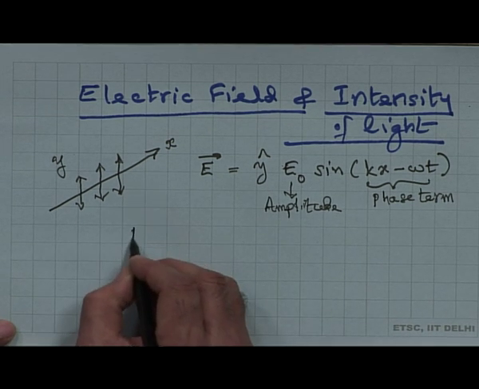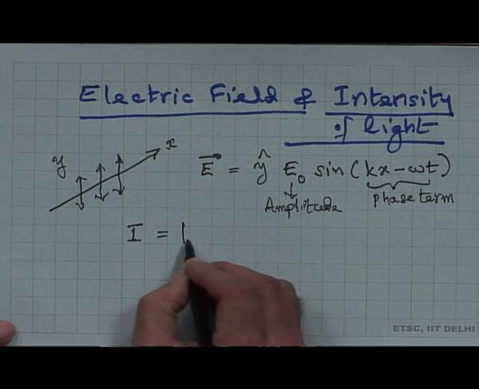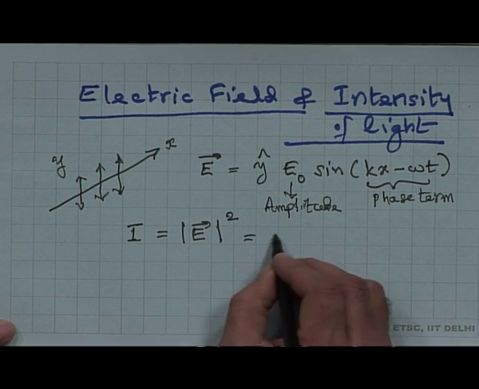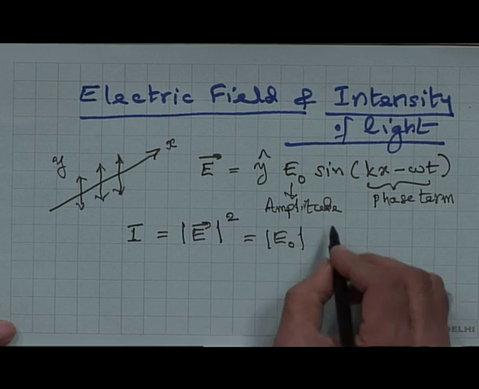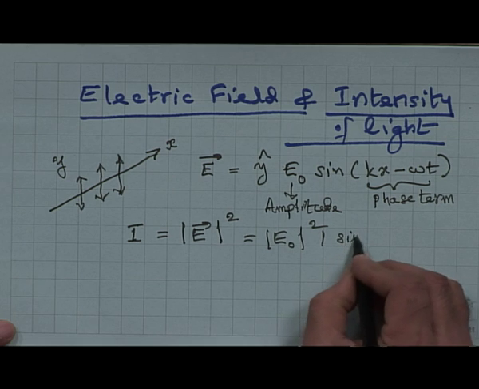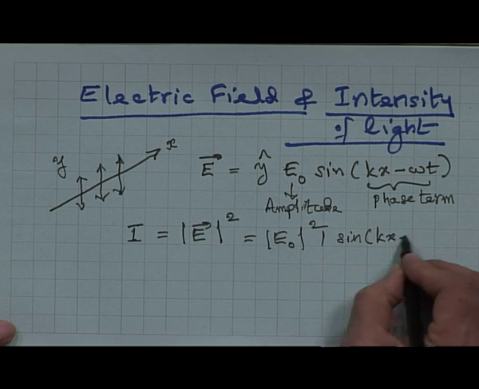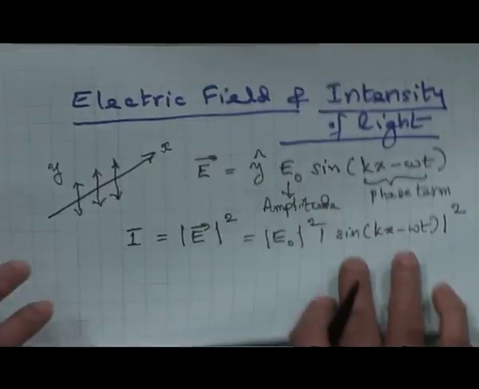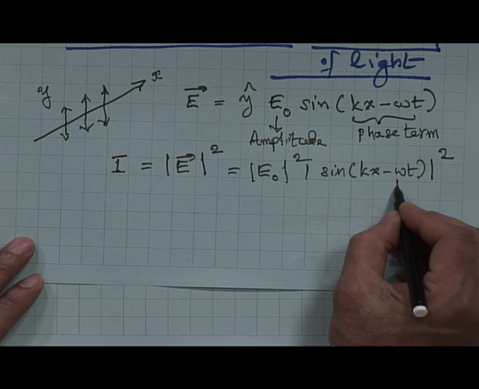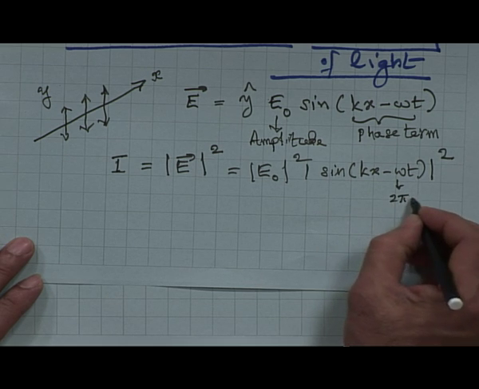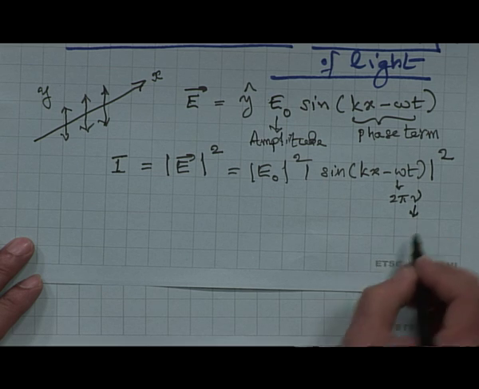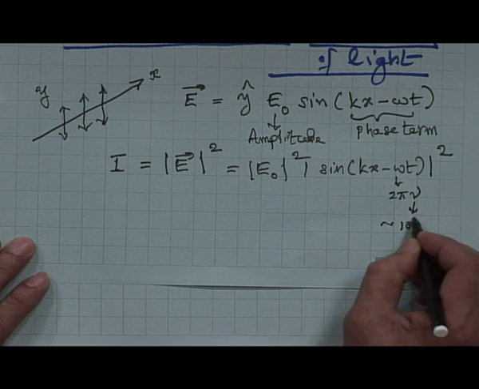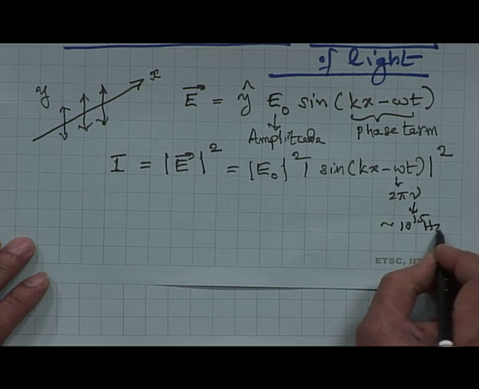If you need to know the intensity, then you take mod E square, which in this case will be equal to mod E 0 square into mod sin(kx minus omega t) the whole square. Now, omega is 2 pi nu, the angular frequency of light, and nu is a very big number, of the order of 10 to the power of 14 or 15 hertz for light.